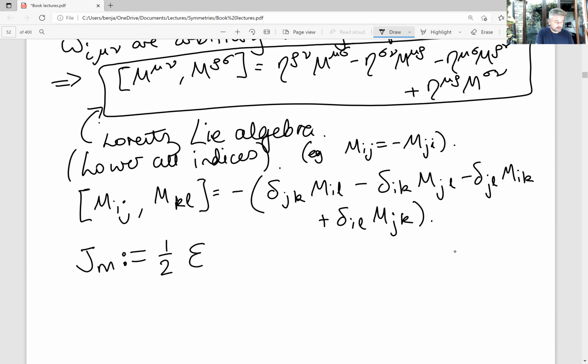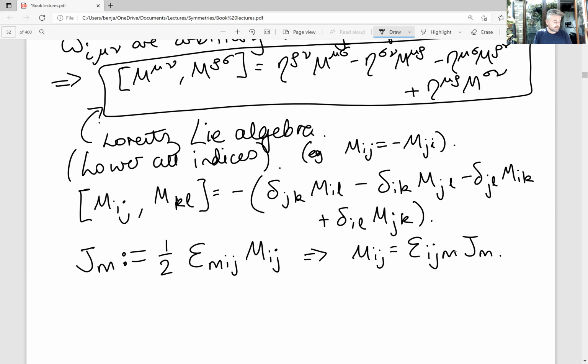We define this to be J_m equals half epsilon_mij M_ij, which implies that, if you multiply both sides of this by an epsilon symbol, you can derive that M_ij is equal to epsilon_ijm J_m. So we've got the relationship both ways between the J's and the M's.